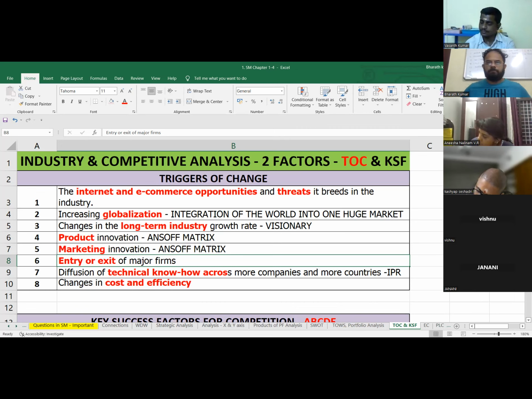Seven points over. The 8th point, last point, changes in cost and efficiency. Clear? How many points? 8 points.